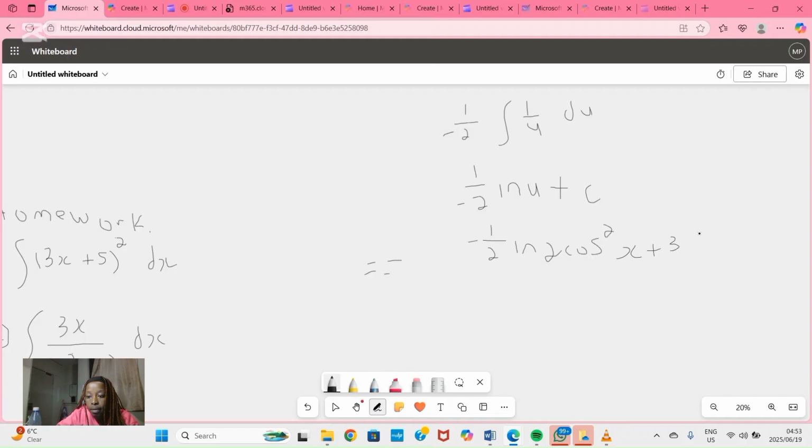This is my final answer. I hope it's clear, guys. It's negative 1 over 2 ln of 2 cos squared x plus 3 plus c.